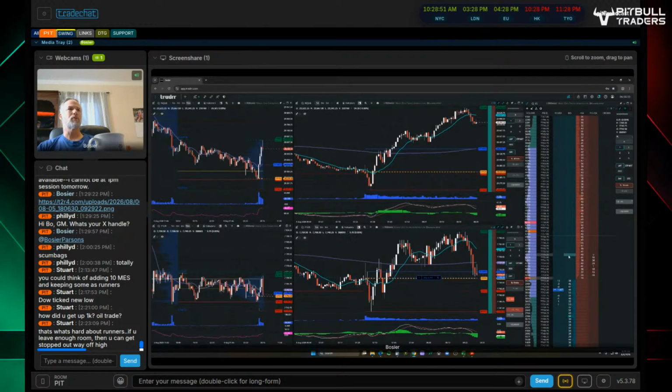We do have crude trying to rally back above its open. It's above its open, and whether or not it rallies, we'll see.